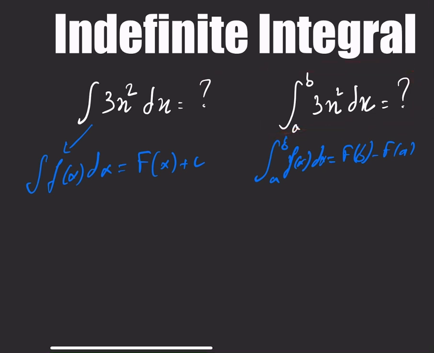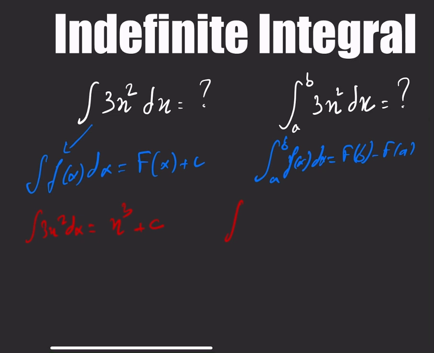If we calculate these integrals, the integral of 3x squared dx is equal to x cubed plus a constant C. If you take the derivative of this, it gives you exactly 3x squared, because the constant disappears.